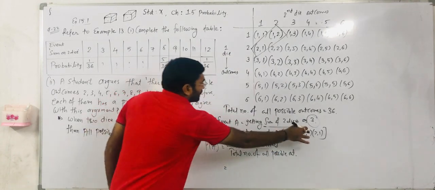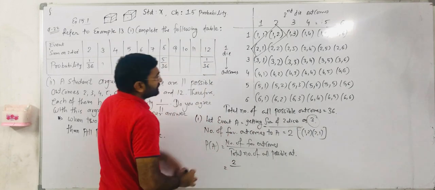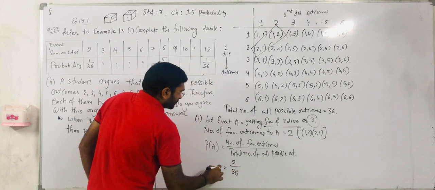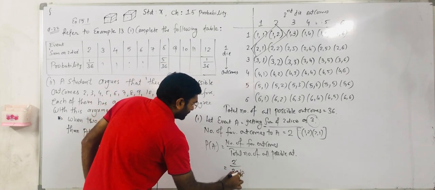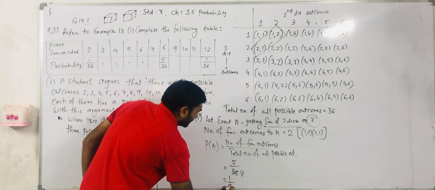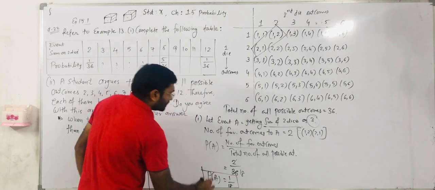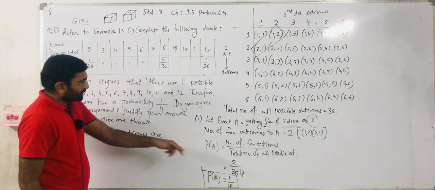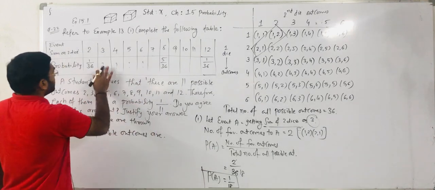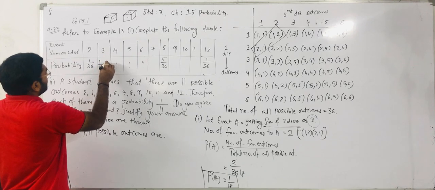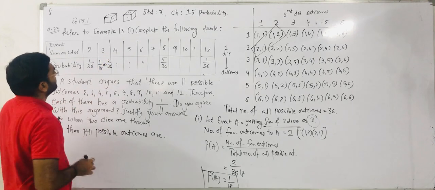So number of favorable outcomes is 2 divided by total number of all possible outcomes, 36. So we get 18 in the denominator. So 1 by 18 is the probability of the two dice summation as a 3. Or you can say 2 by 36 is also the right answer. So that way here we have to write 1 by 18, or you can write 2 by 36.